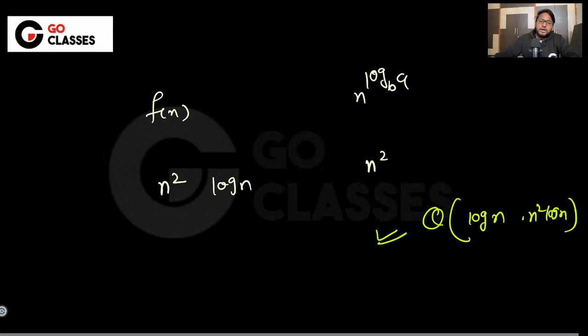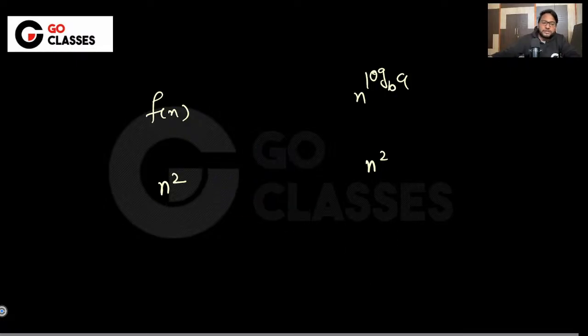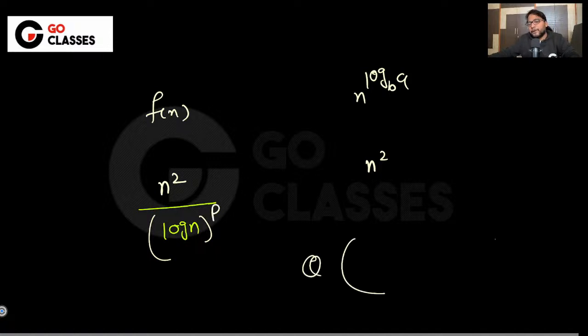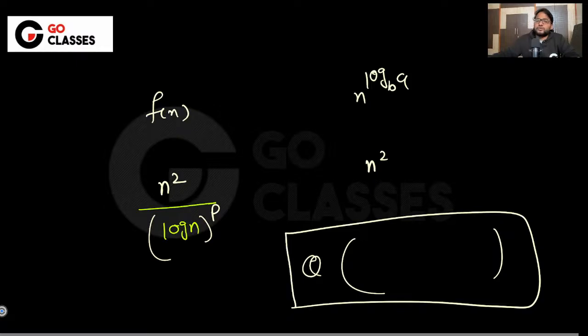We can answer. But there is something called extended, which says that even if this log n is in the division, then also we can answer. If this is the division, then also people have solved it. The generalized forms, right? So if it's division of any power, maybe the power 1, power 2, then also people have said that some answer is there. People have solved it and they are saying that you can directly use the formula.